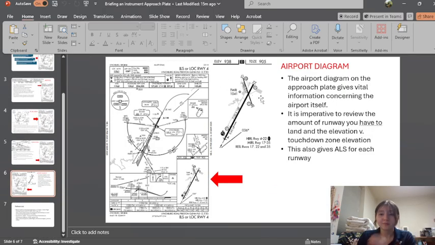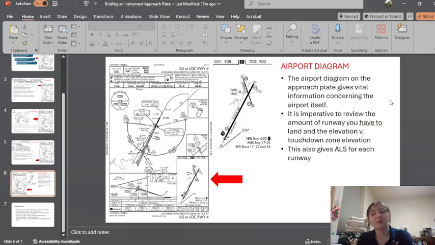And then finally, our airport diagram gives us a picture of what our airport looks like. Lynchburg Airport has runway 4, runway 22, and runway 17/35, and it gives us a depiction of what that's going to look like, where our beacon is, and runway length and stuff like that.